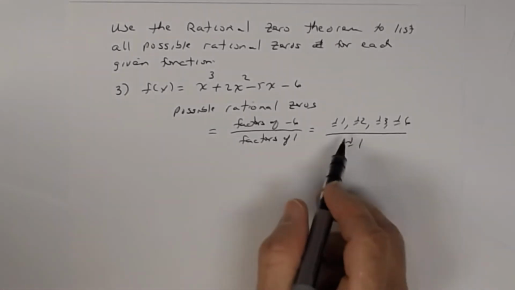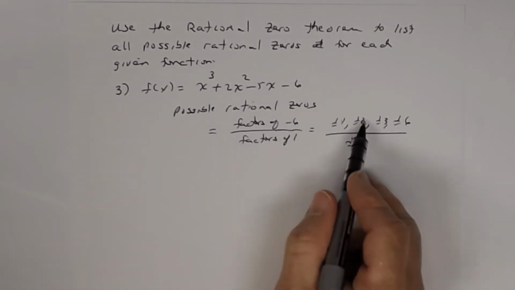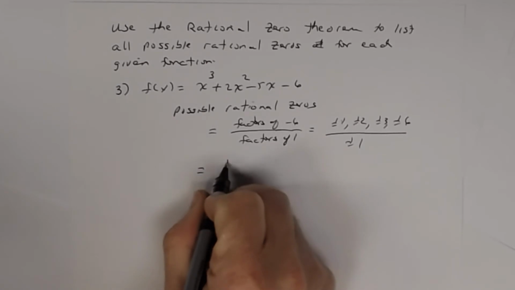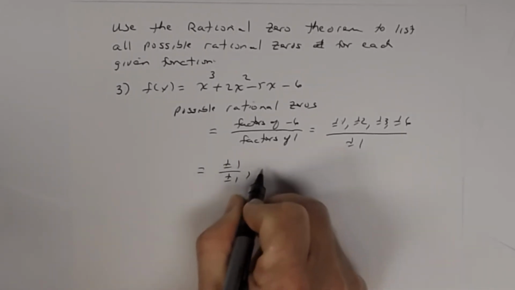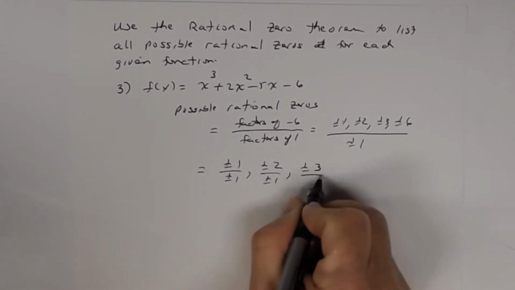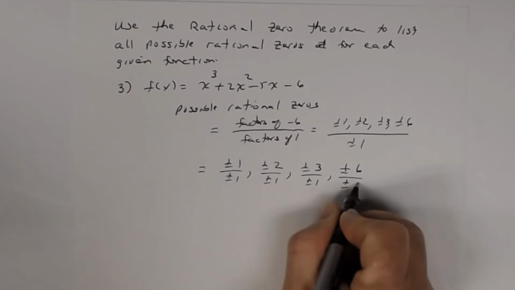All right, and so you're going to remember how to do this. You're going to say plus or minus 1 divided by plus or minus 1, plus or minus 2 divided by plus or minus 1, plus or minus 3 divided by plus or minus 1, plus or minus 6 divided by plus or minus 1.